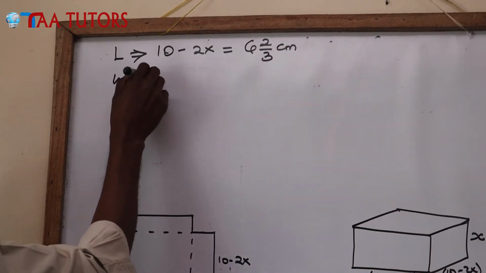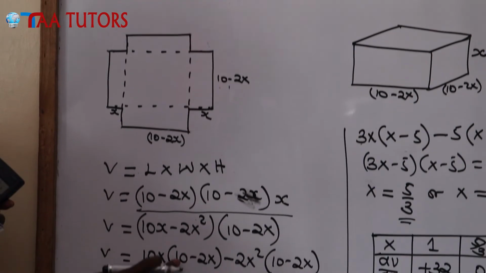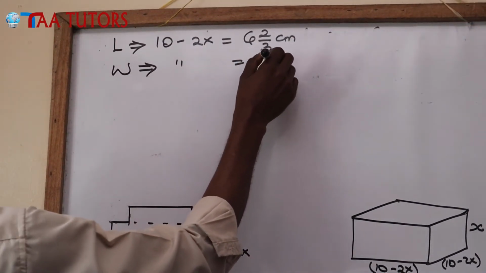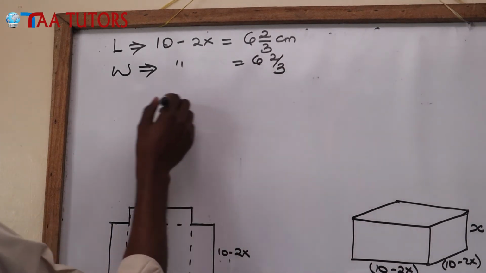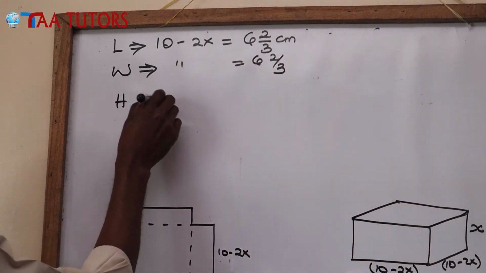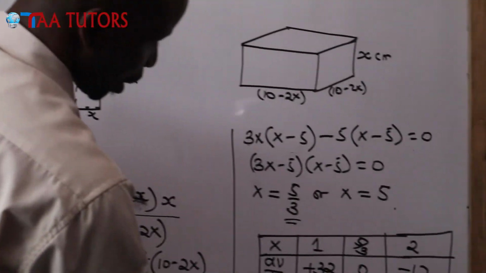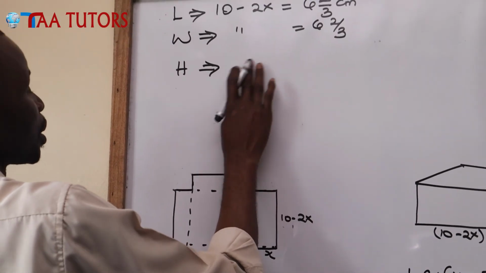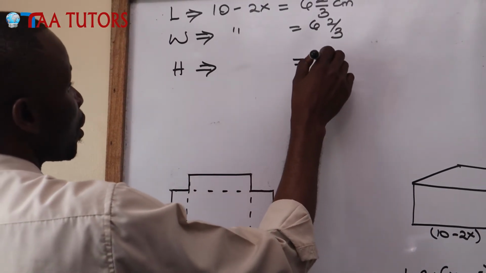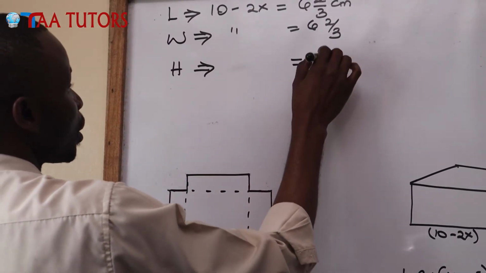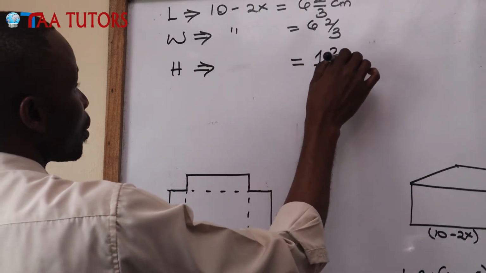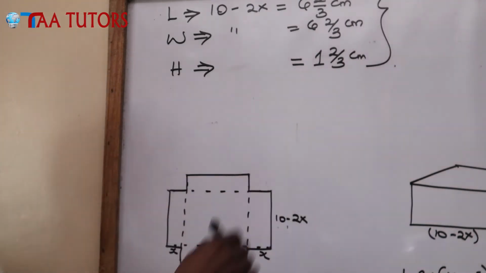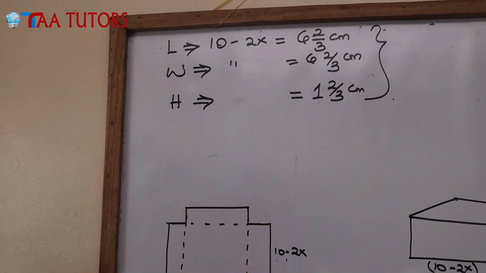I know that width is the same because width is also 10 minus 2x, so that will also be 6 and 2 over 3. But we know height already is x itself, and x is 5 over 3, which is the same as 1 and 2 over 3 centimeters. So these are the dimensions of this cuboid that we have.